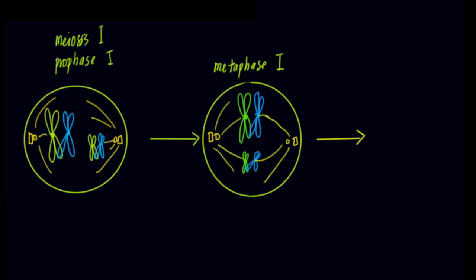In the previous video, we already talked about prophase. Prophase is where the homologous chromosomes get together. During prophase 1, there is this part here called a chiasma, where they do something called crossing over. Crossing over means that the blue chromosomes and the green chromosomes control the same trait, but they control different aspects.